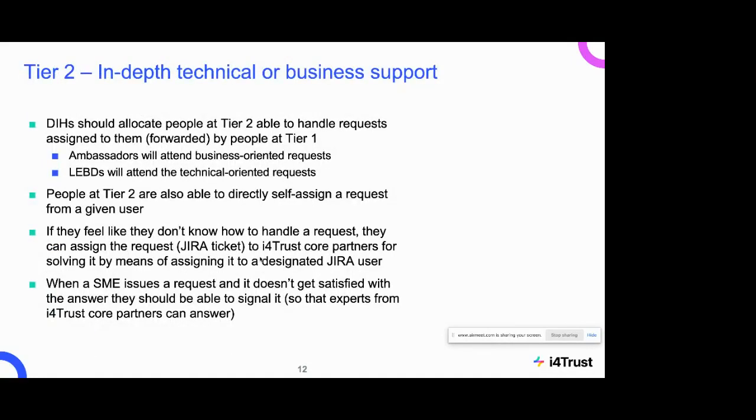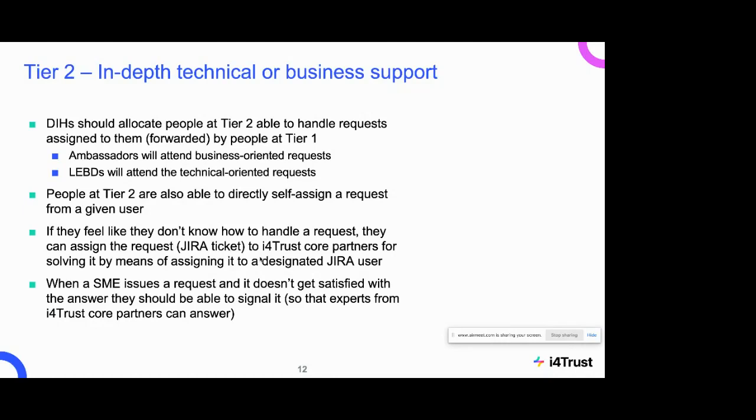Tier 2 is essentially the tier where the ambassadors and LEBs from your DIHs will be involved. As I mentioned before, you may also have some other people within the DIH that take care of first-level assessments of the questions to get an answer in a systematic manner.